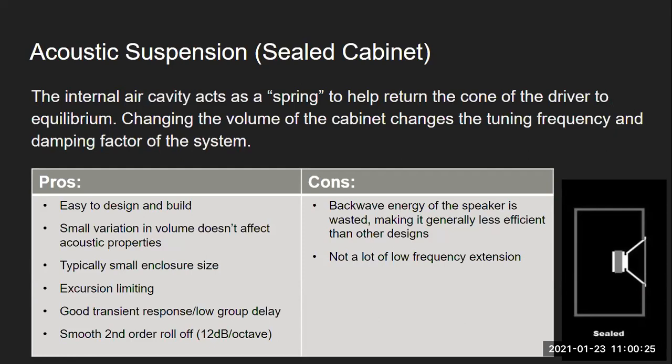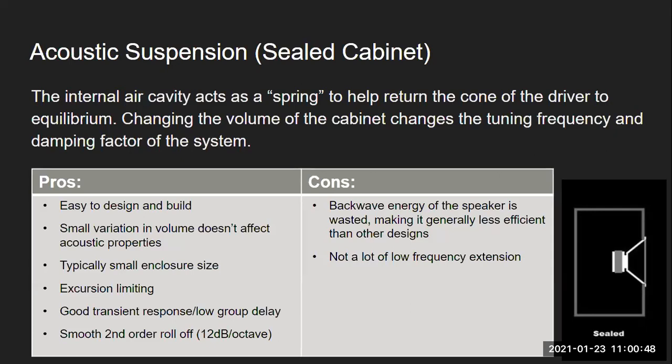So some of the pros about it are that it's really nice and easy to design and build. It's just a volume, so you can make the volume whatever shape you want. As long as you have the same volume, you could be changing the shape, for example if the walls are parallel, if you want to be designing for not having back reflections and all that.